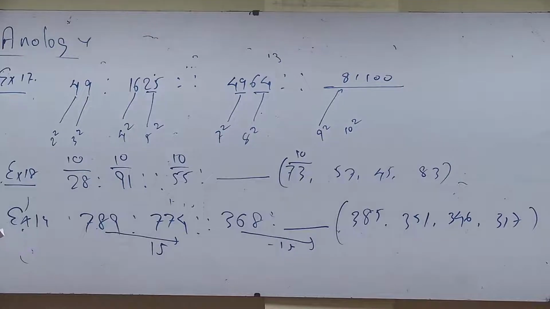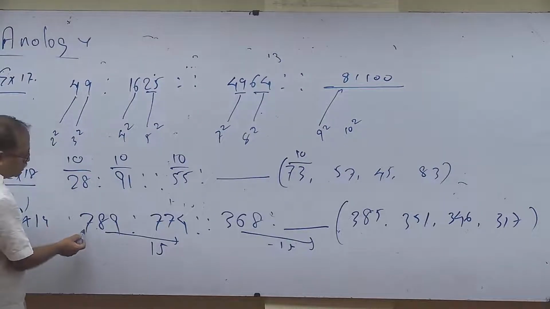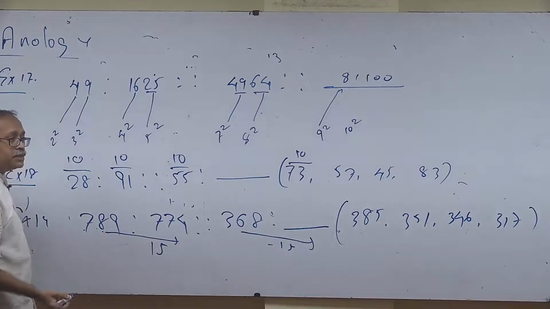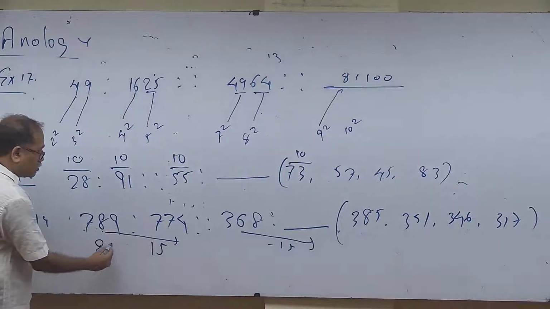789 and 774. Okay. 317. This is 368. What else? What is the sum of these digits? 7 plus 8, 15 and 15 plus 9 is 24.